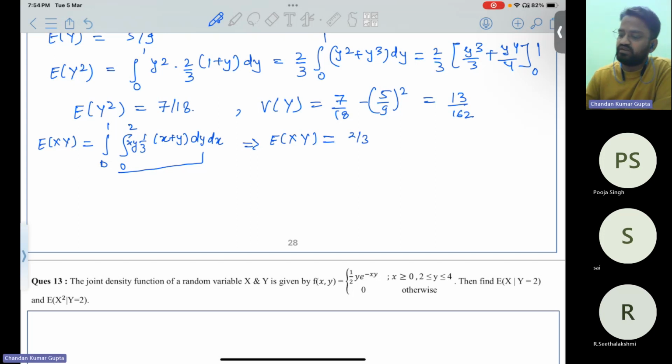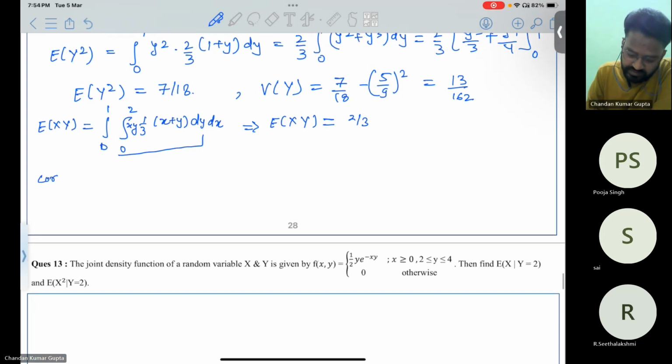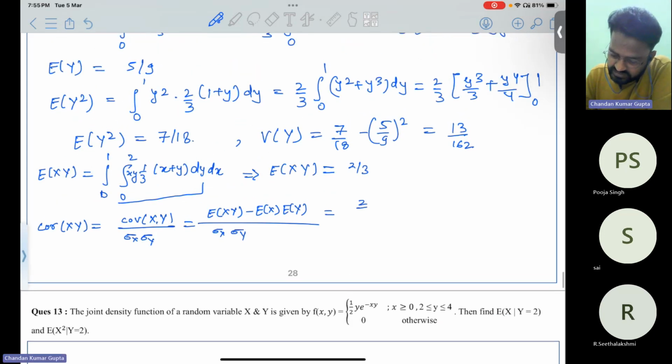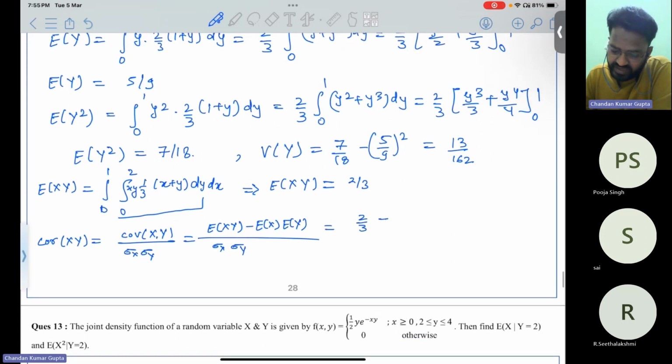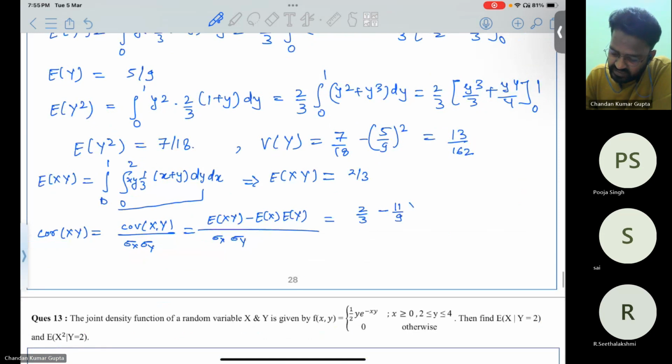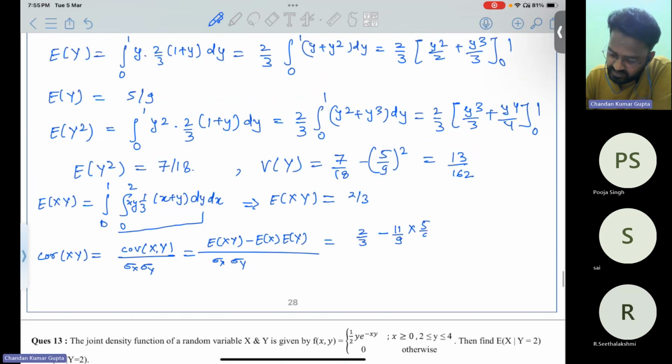And then we need to calculate the correlation between x and y, which is equal to covariance between x and y divided by sigma x, sigma y. Covariance is written as expectation of xy minus expectation of x times expectation of y. So expected value of xy is 2 by 3 minus expected value of x, which is 11 by 9, times expected value of y, which is 5 by 9.